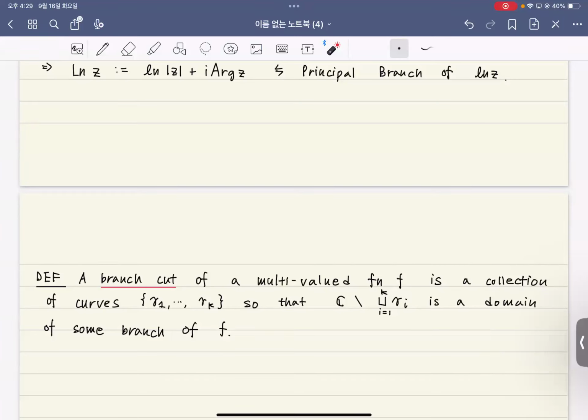Actually, this is totally up to you. So you can take any curve starting from the origin and extending to infinity and consider it such that C minus this line is the domain of some branch of the natural log, right? I can do even more. Actually, this line doesn't have to be a straight line. Why?